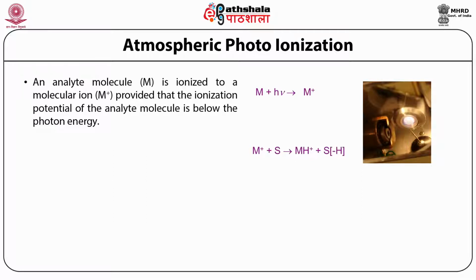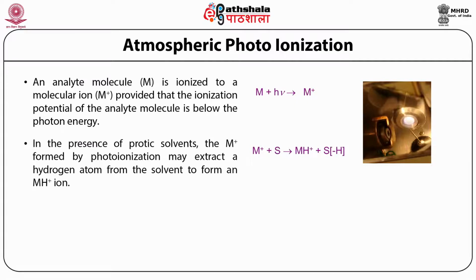below the photon energy. In the presence of protic solvents, the molecular ion formed by photoionization may extract a hydrogen atom from the solvent to form the MH+ ion, that is the pseudo-molecular ion, by the addition of one proton.